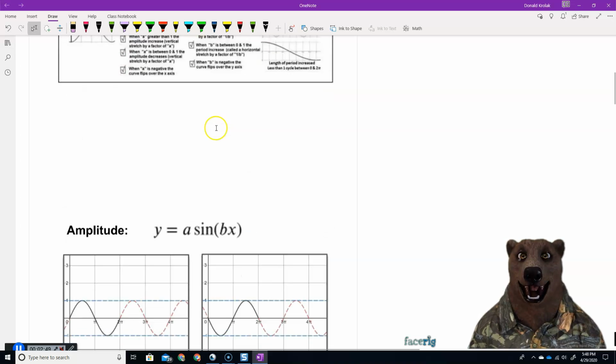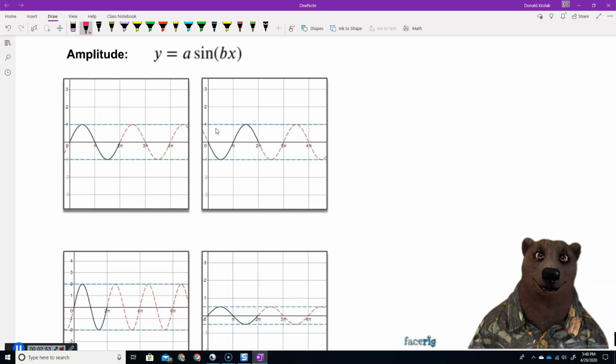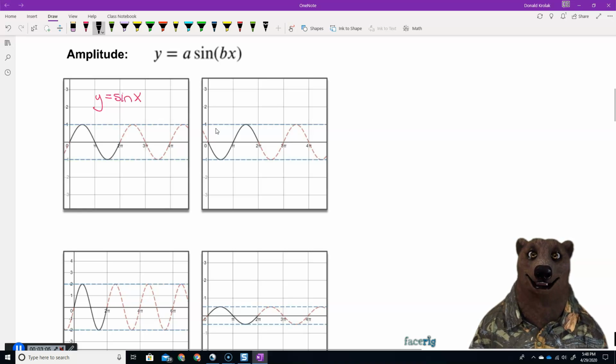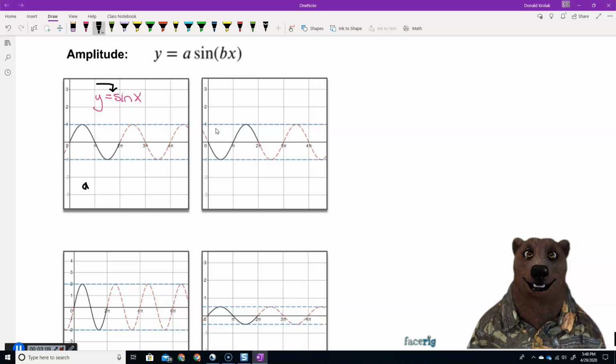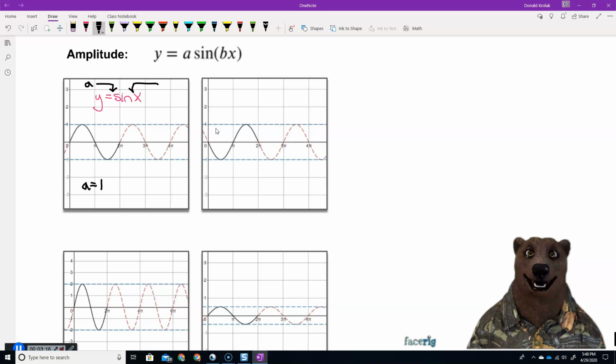So this first graph here is just your normal sine graph. This is y equals sine x. So the A value, even though there's nothing there, A would be 1, and B, there's nothing there, so B is also 1.